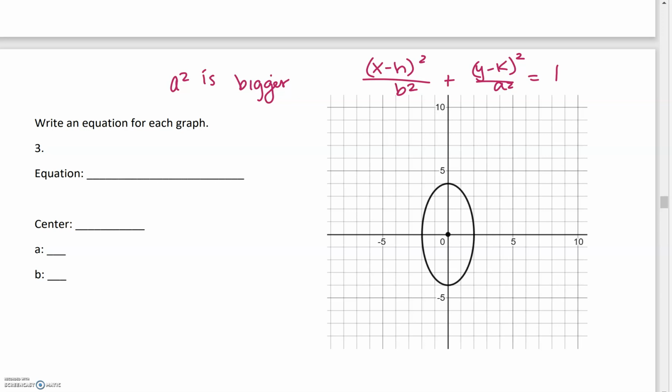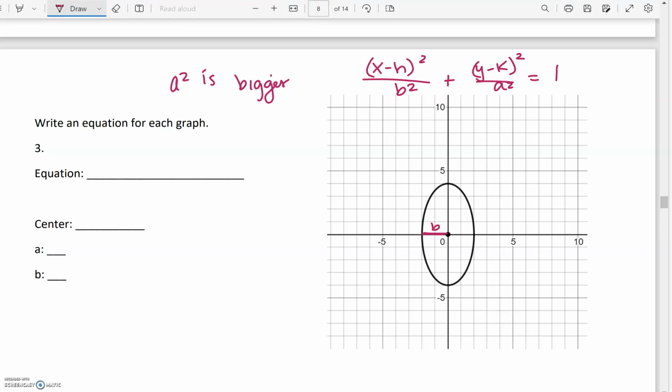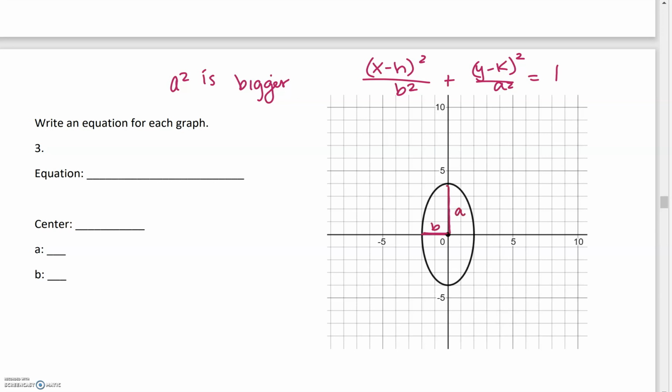When we're vertical like this, our b squared is going to go first, which in this case is going to be this distance. Here's our b, and this distance here's our a, because again, a squared is always bigger. So 1, 2, 3, 4, so we're going to take 4 squared, and here's a distance of 2, so we're going to take 2 squared.